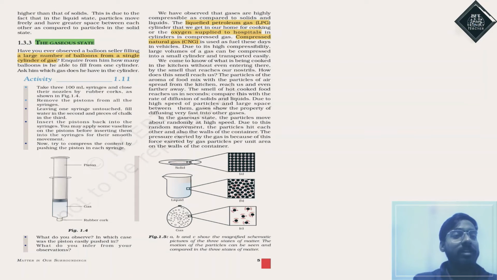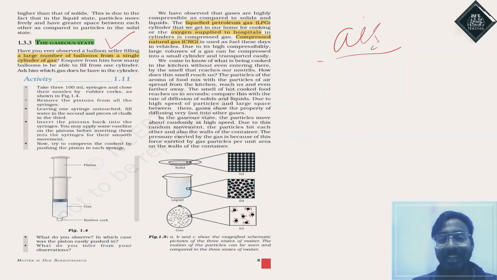Now let's see what happens in the gaseous state. Gaseous state normally means air. Air is a gas. You can imagine a large number of balloons filled from a single cylinder of gas.